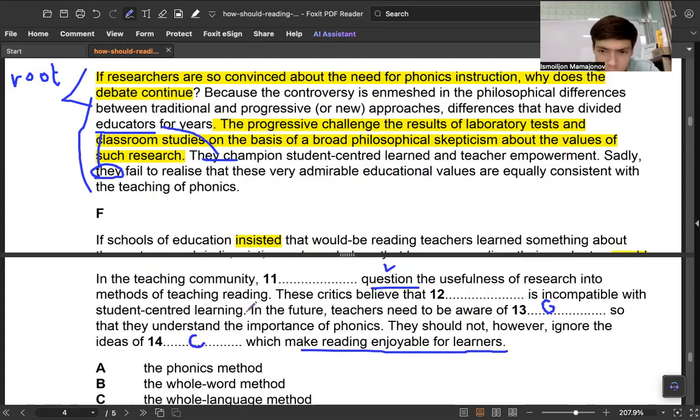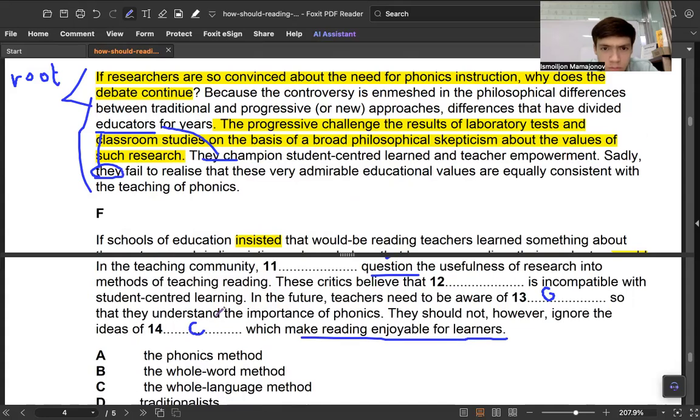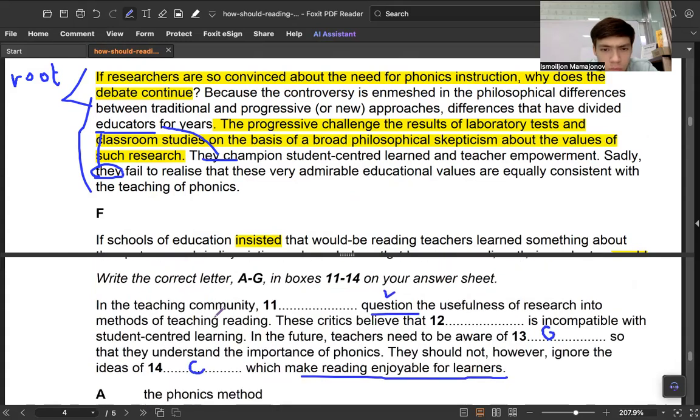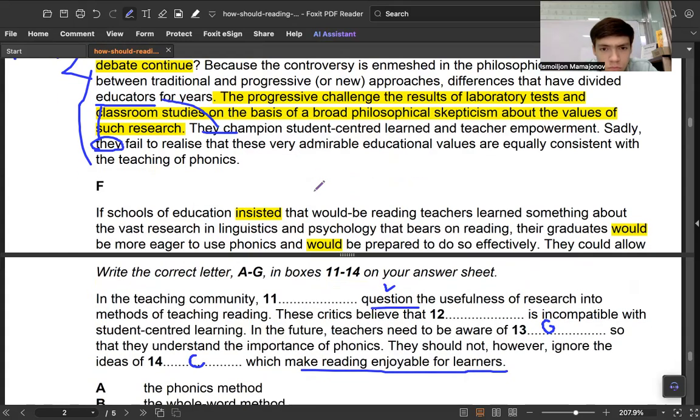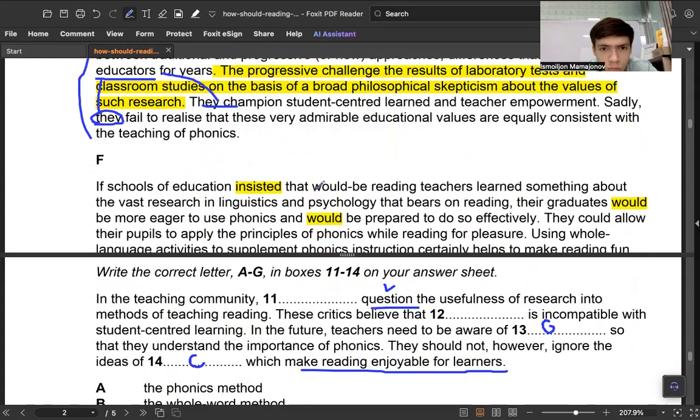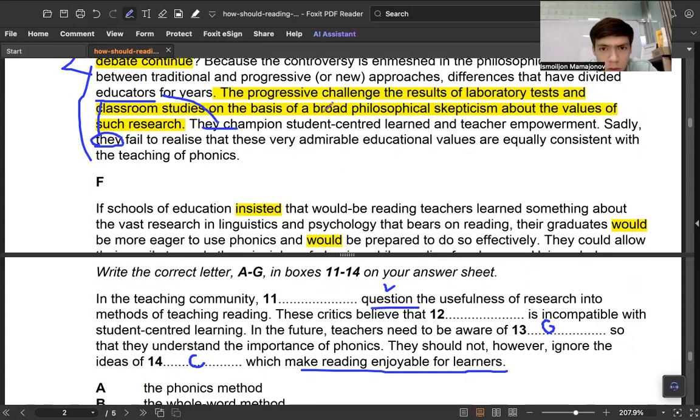So critics believe that, okay, maybe number 12 is somewhere here. Critics believe that student-centered learning, okay. They champion student learning and teachers' empowerment.